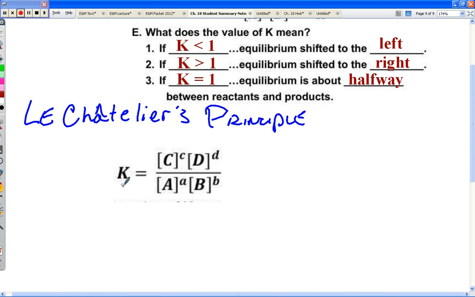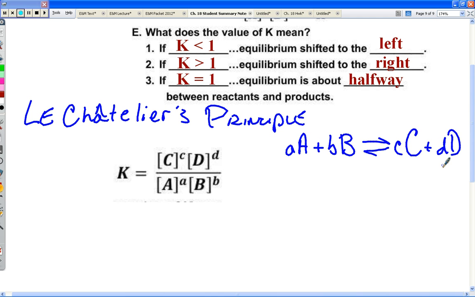So remember that this equation is aA plus bB reversible with cC plus dD.